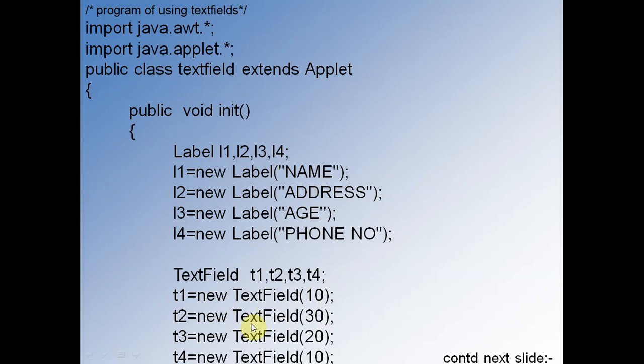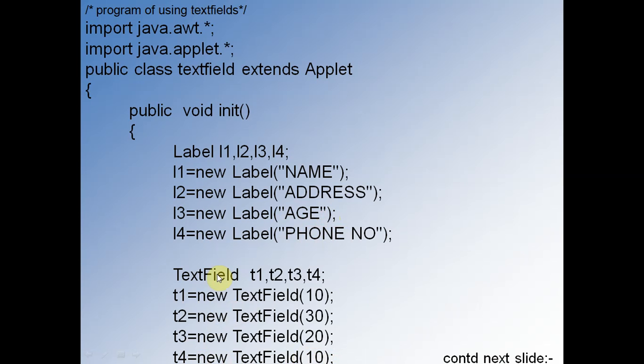For address, the size is 30, because the second one, T2 equals new TextField 30. T3 equals new TextField 20, its size for age is 20. And the fourth is for phone number, so we have defined T4 equals new TextField 10.